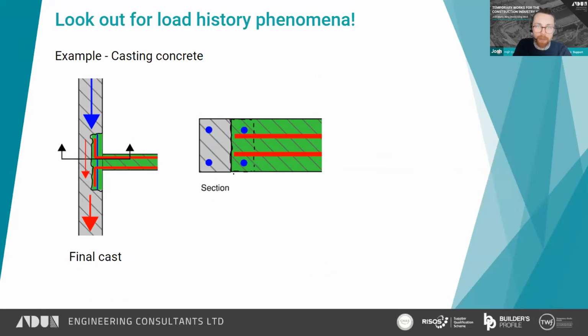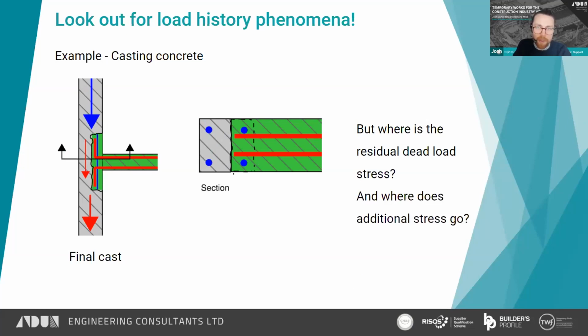Now all the rebar was installed and fixed, we could recast the column and the new beam. However, where is the residual dead load stress acting? And also, where do any additional stresses get applied? The residual dead load or loading from the structure above at the time before recasting is applied to the grey section of the area of the column.